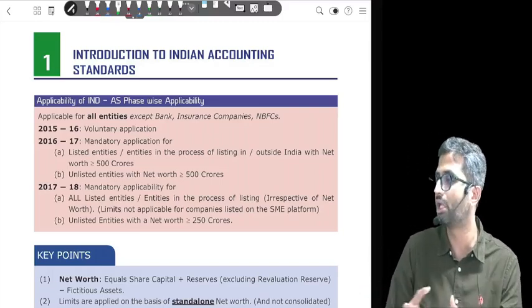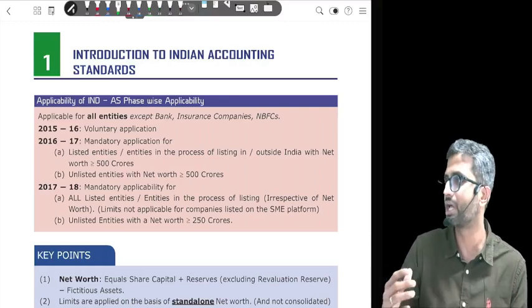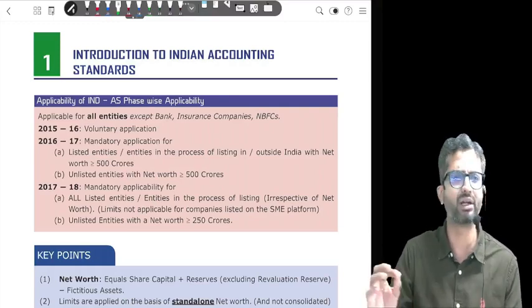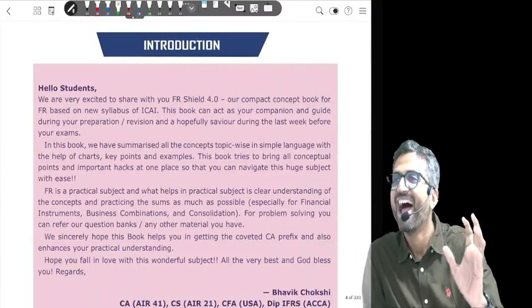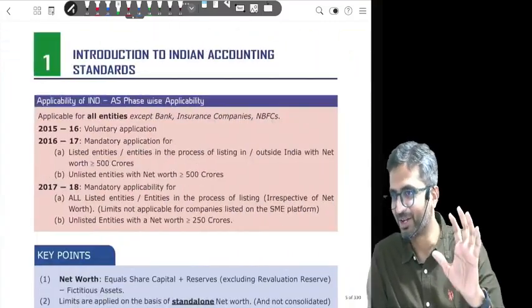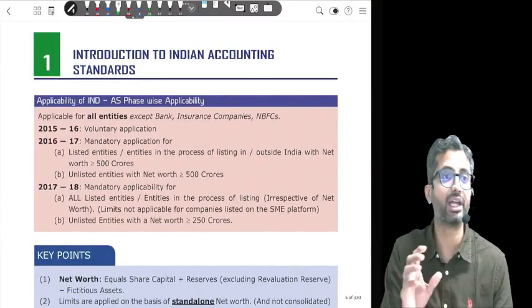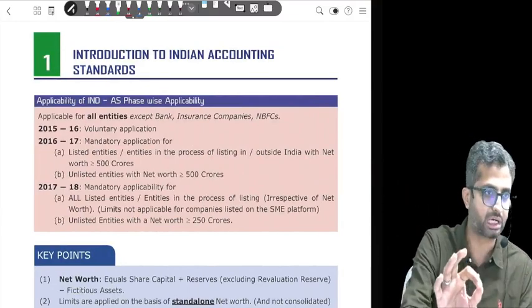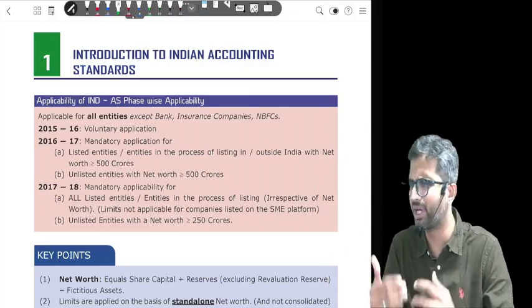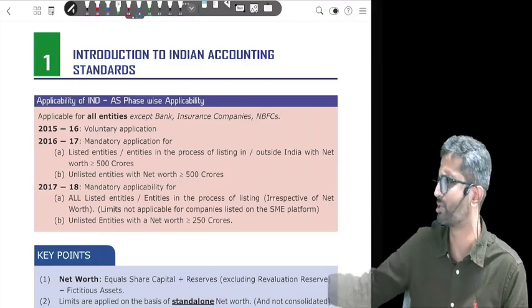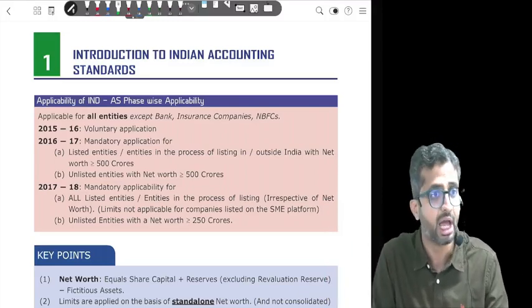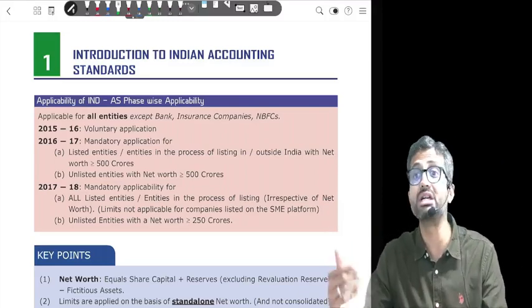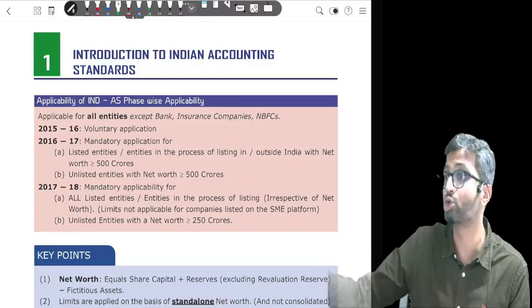So in phase 1, they looked at companies having a net worth of greater than or equal to, any idea? Any idea? Okay, greater than or equal to 500 crores. So whether it's a listed company or unlisted company, 500 crores was the number. From an exam perspective, I don't really see a lot on phase 1 now, because phase 1 was only there for the year 16-17. Now, from 17-18 onwards, there is no phase 3 yet.